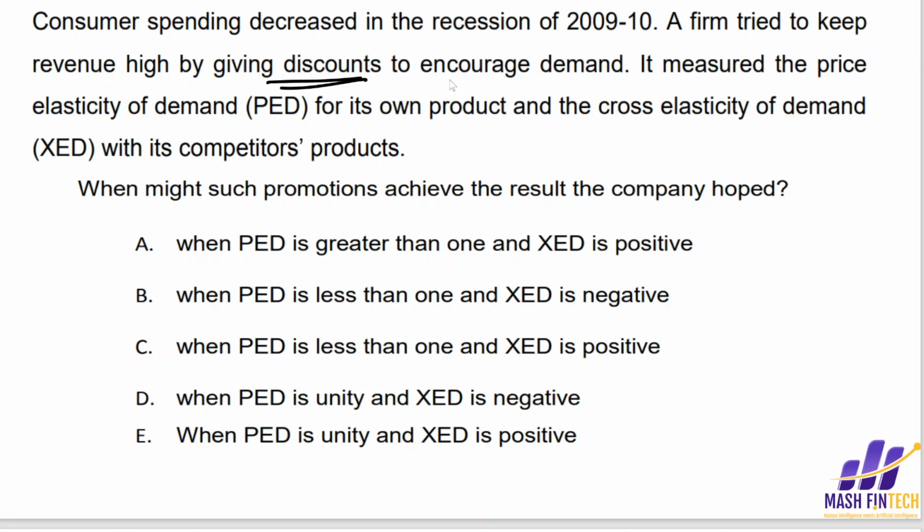All right, means that the price elasticity of demand for its own product, and then we consider the cross elasticity of demand, right? The cross elasticity of demand, if we are going to decrease our price, it means that we hope that people will buy our products instead of the other products, which means the other products have to be substitutes.